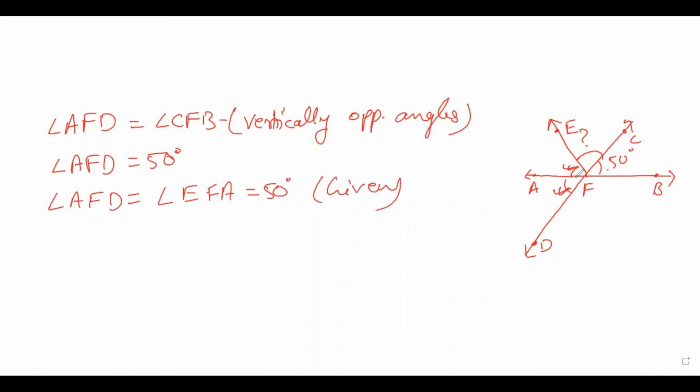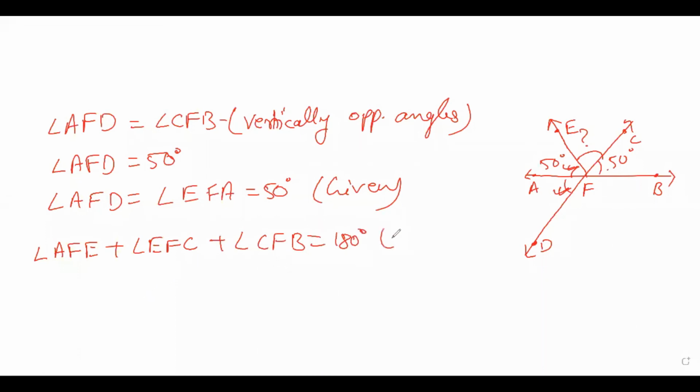So what we will do, we will take the upward part of this straight line AB. So we have got the value of this one is 50 degree. So we will put the property that the sum of angles on a straight line is equal to 180 degree. So angle AFE plus angle EFC plus angle CFB equal to 180 degree. Okay. Why same?